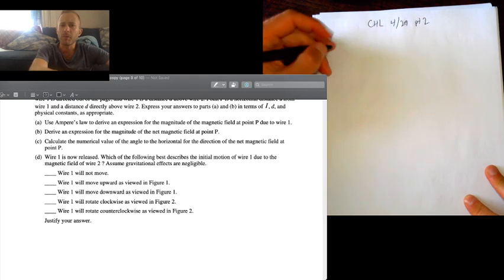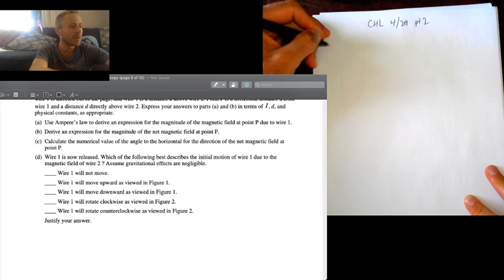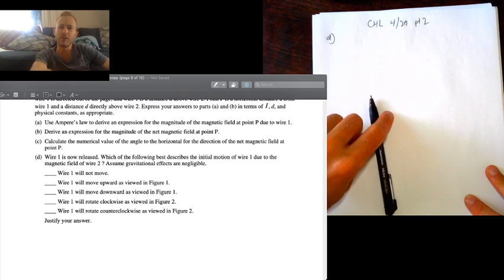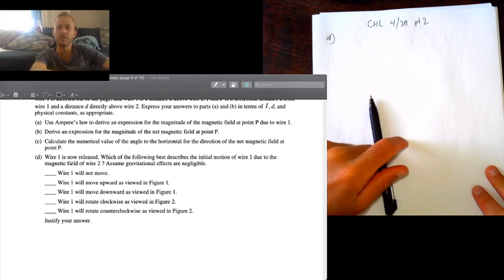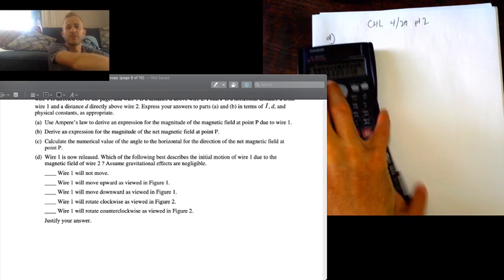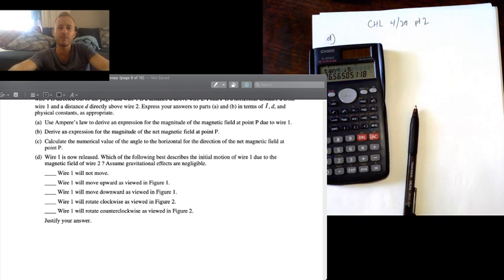Okay, so what part were we on? We were on part D. So wire 1 is now released. Which of the following best describes the initial motion of wire 1 due to the magnetic field of wire 2? Assume gravitational effects are negligible.